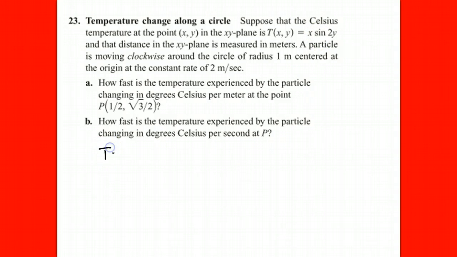T is a function of x and y. It's x times the sine of twice y.